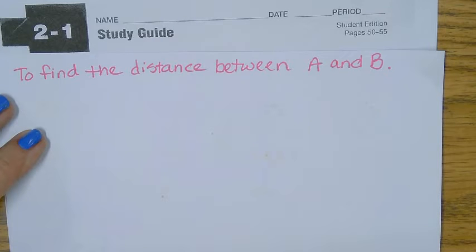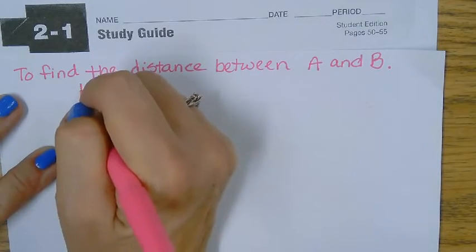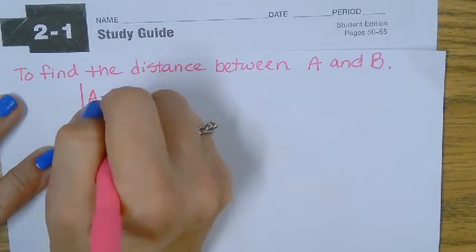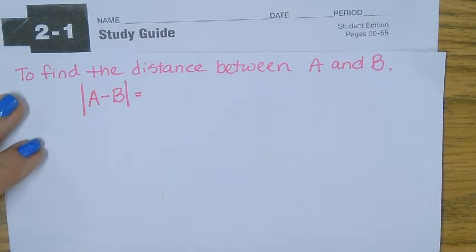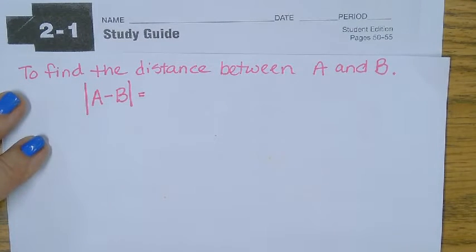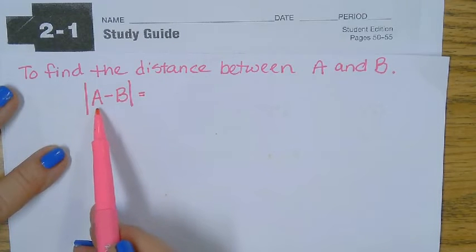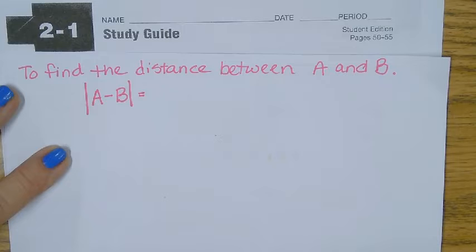That's going to be hard to count, right? So there's an algebraic way we could go about it, and it's this. This is what we're going to use for our little formula. The absolute value of A minus B. So the point where A is minus the value where B is.